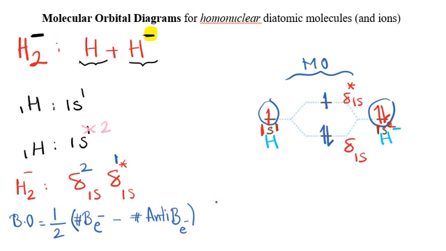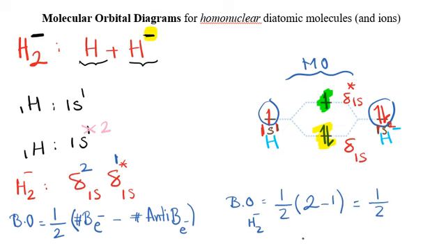So to have a simple calculation for bond order for H2 minus, I'm going to say half of 2, these 2, minus 1. Excuse me, it should not be the correct one, maybe this one, minus 1. So I'm going to subtract that one. The answer is going to be like this.